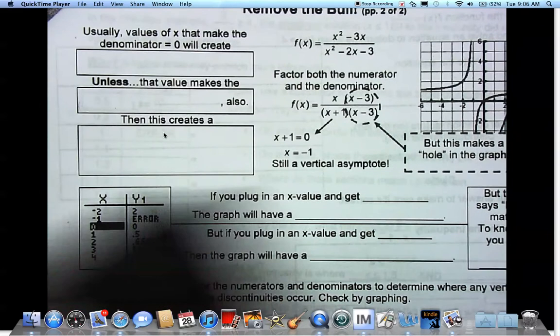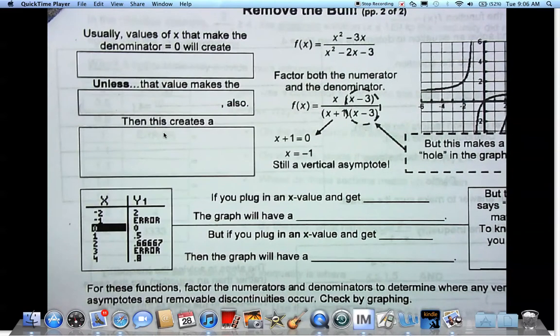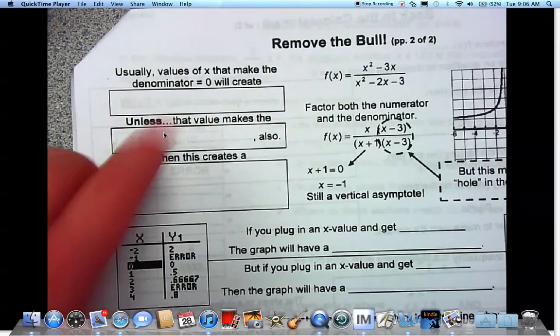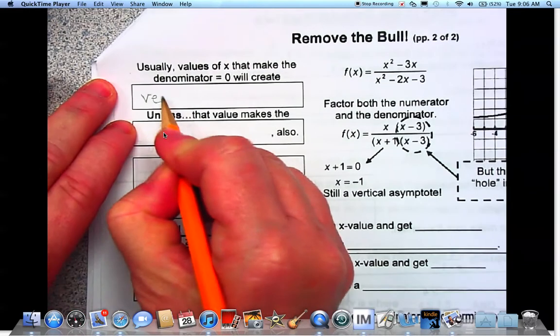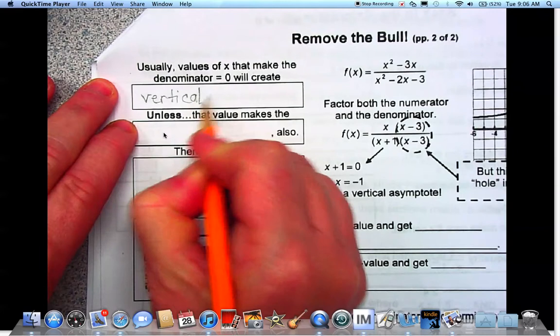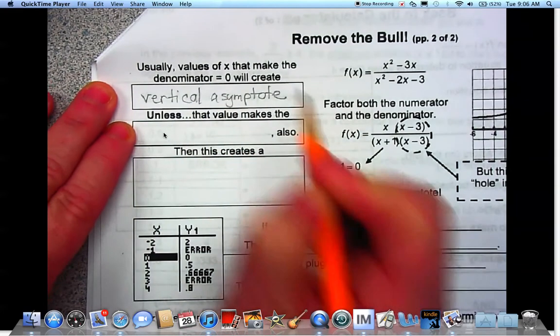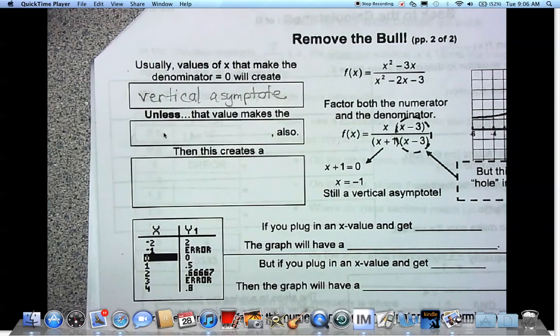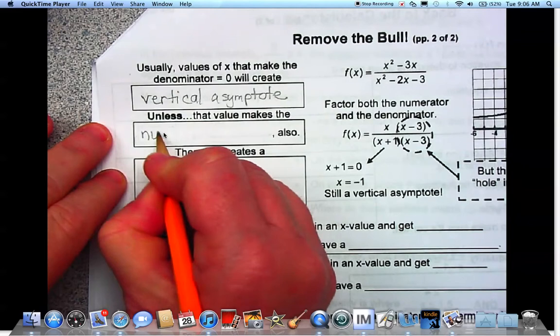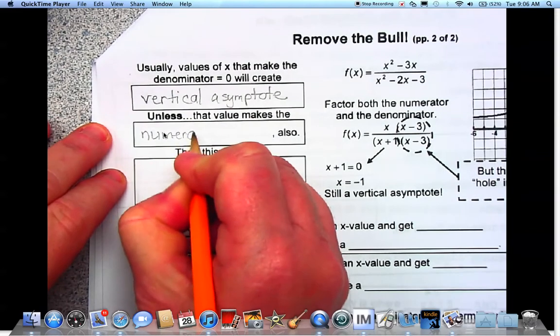Okay. So usually values of x that make the denominator equal to 0 will create a vertical asymptote. That's what we've been doing this whole time, finding vertical asymptotes. Unless that value makes the numerator equal 0 also.